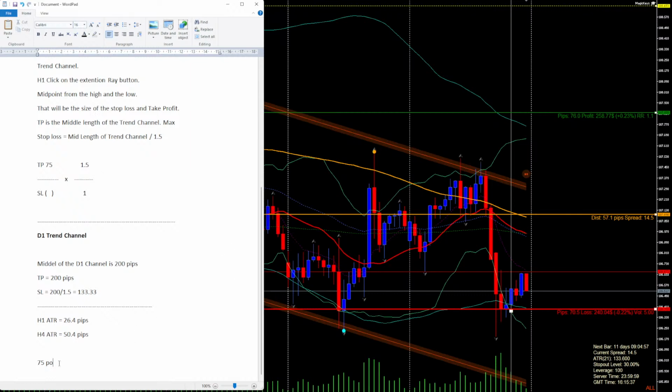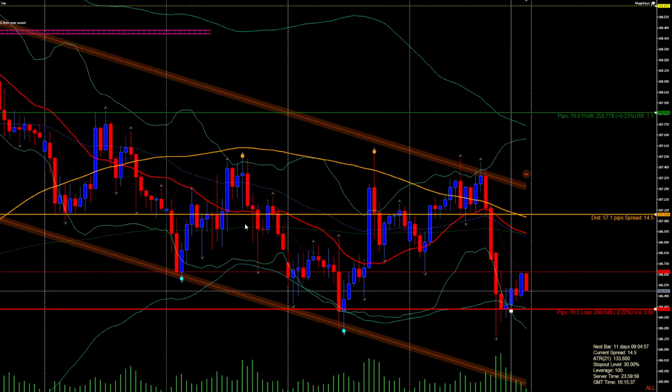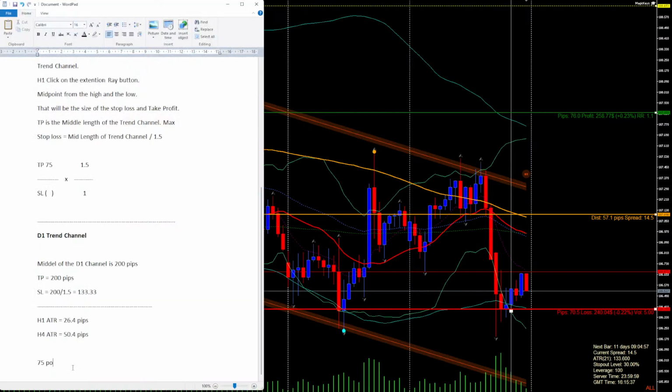So if we do the math, remember it was 75. ATR 75 pips is the middle of, we'll just call it the H1 trend.